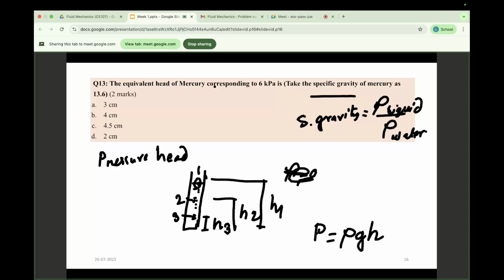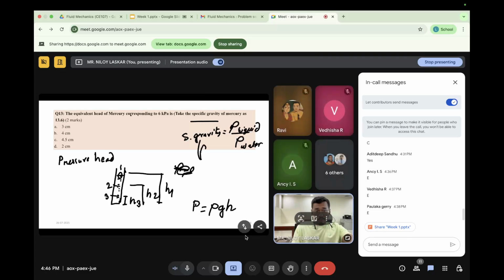Accordingly you can find the density of mercury. One thing is that specific gravity is a non-dimensional term. So you can try to solve.